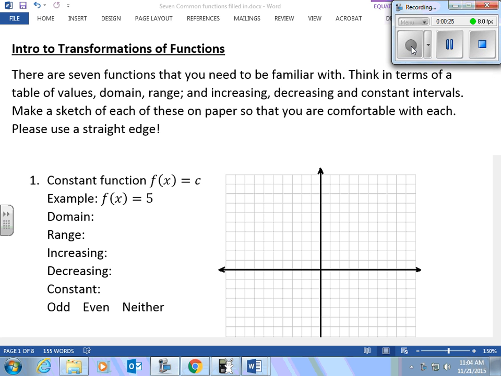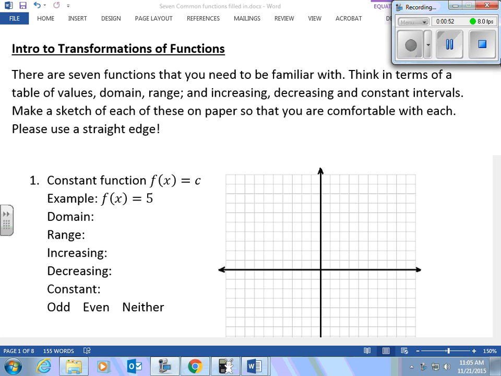And you need to be able to very comfortably and quickly make a sketch using a table of values for each of these functions. Once you can do that of the basic function, then the transformations become very straightforward, and you see how each of the constants or each of these functions shares the same characteristics when we do transformations.